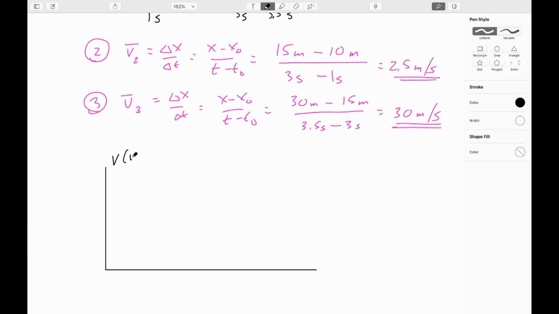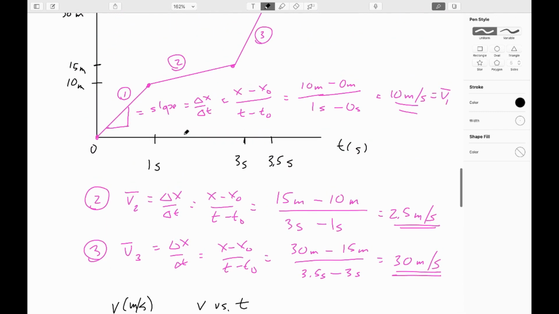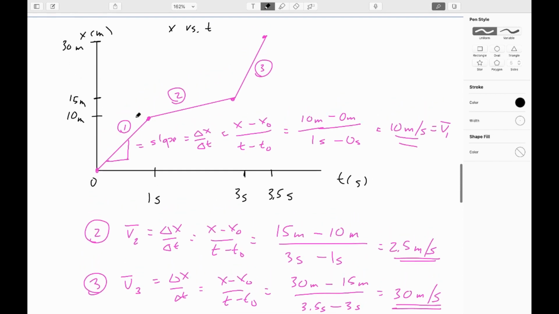So this would be in meters per second. Again, the time will be in seconds. V versus t. And yes, I'm intentionally dropping the bar. It turns out that the velocity at any point in the interval is the same as the average, because anywhere along here the slope is always the same.